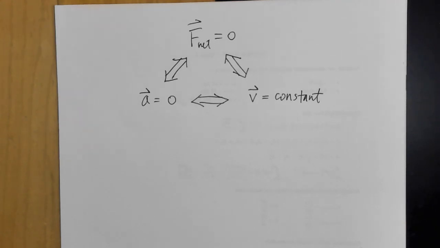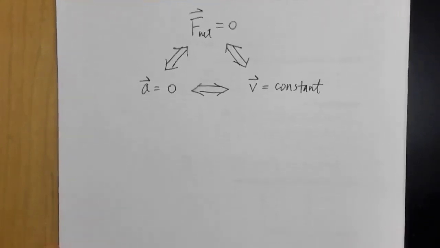So the fact that the velocity remains constant means that the acceleration is 0, which also means that the net force is 0. So whenever you have forces on an object that are all balanced out to cancel out, that's when you have the net force 0, and therefore the acceleration is 0, and the velocity is constant. Okay. Now there's a specific case: if the acceleration is 0 and the initial velocity is 0, then it will just remain at rest. It will just stay there as well. But that's a special case of constant velocity.